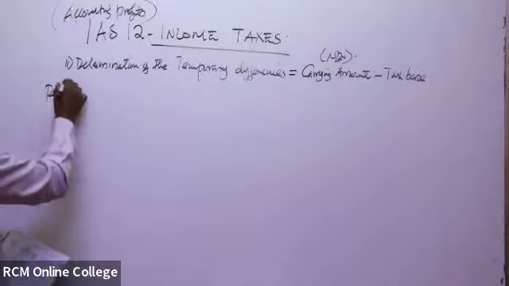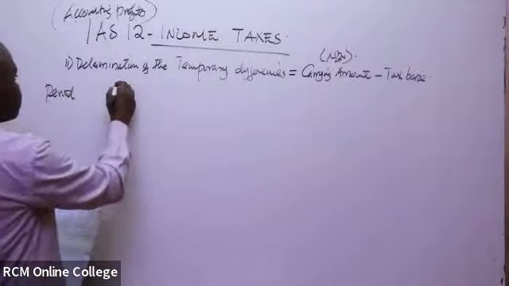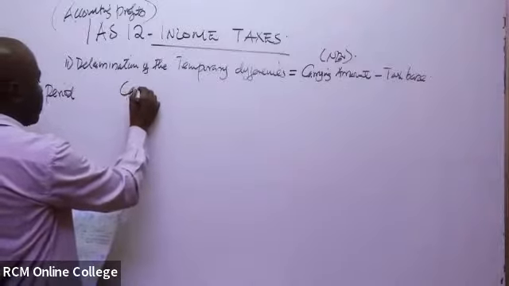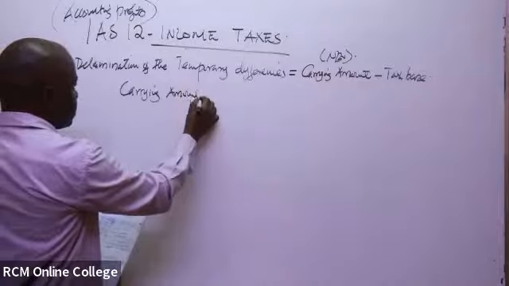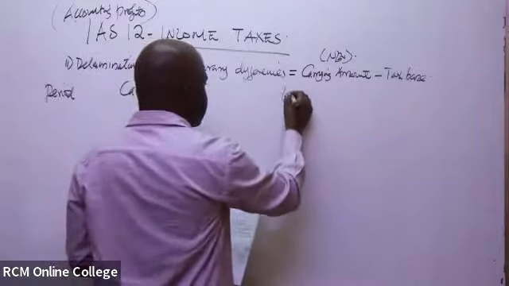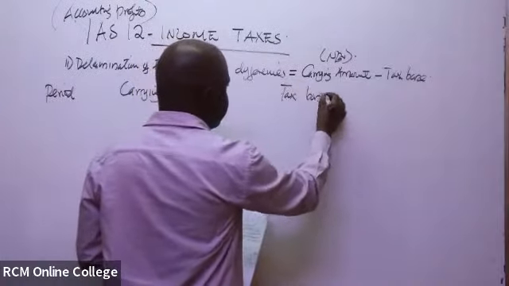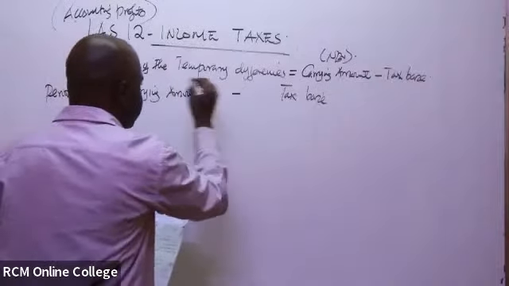We can have the period, then the carrying amount, then the tax base, then the difference will give us the temporary difference.